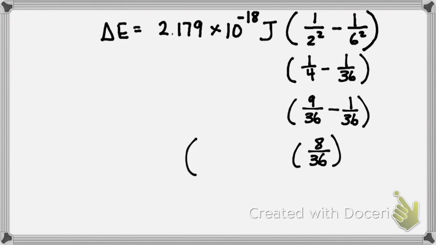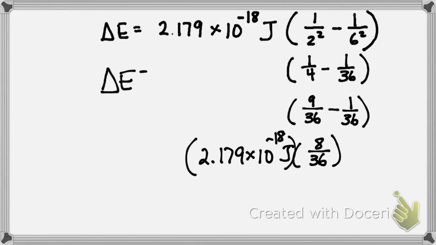And I'm going to multiply this by 2.179 times 10 to the minus 18 joules. Notice there's no unit in the parentheses, and we know that energy has a unit of joule, so a change in energy should also have a unit of joule. So I'm simply going to plug these values into my calculator.